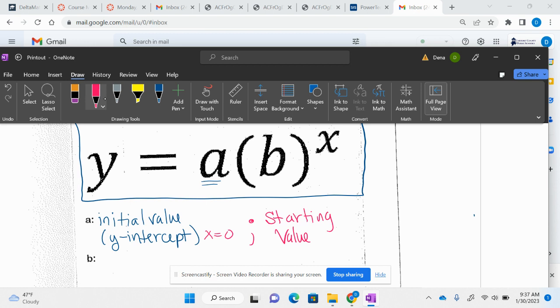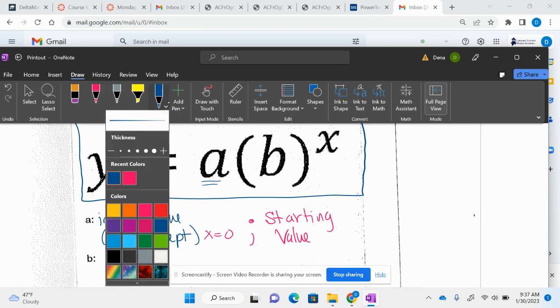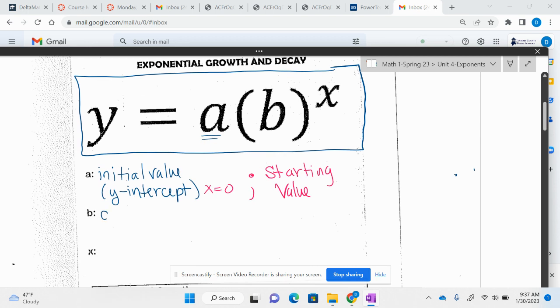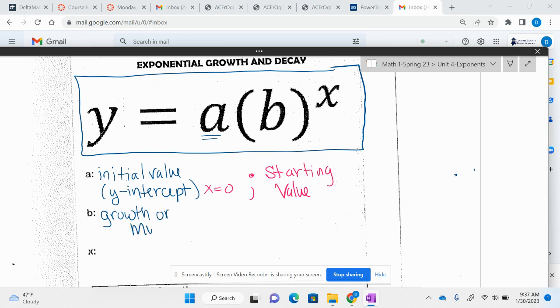B is going to be our growth or our multiplier. Remember that B is our growth or our multiplier. And when we say growth, we also mean decay, but usually it's the growth rate, right?